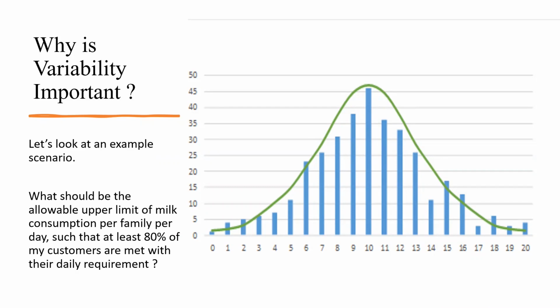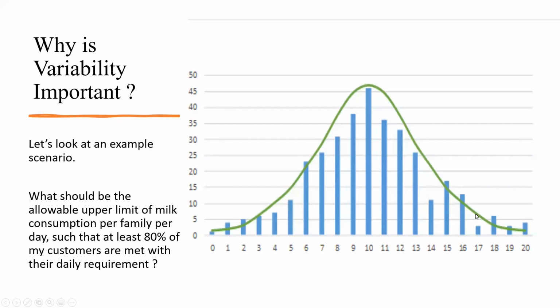So there is a severe shortage of milk. I cannot just allow customers to purchase however many liters that they want. I need to set a limit, and I should only allow them to purchase below that limit. But there is a chance that if I set the limit as 1 liter, there will only be 5 families of all the families that will be met with the requirement.